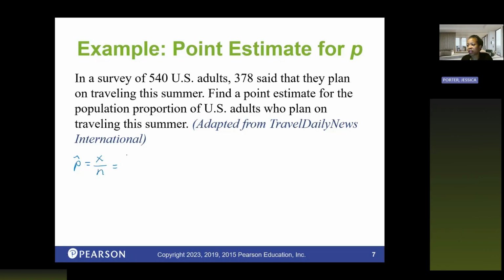The x they gave us is 378, and we divide that by 540. That's our point estimate. What percentage is that, by the way? Anybody have their calculator out? 0.7. Thank you, Monica. So that is 0.7, or 70%, right?